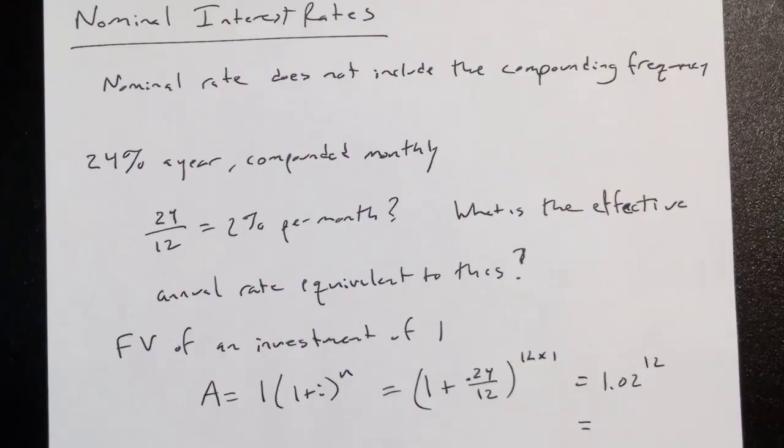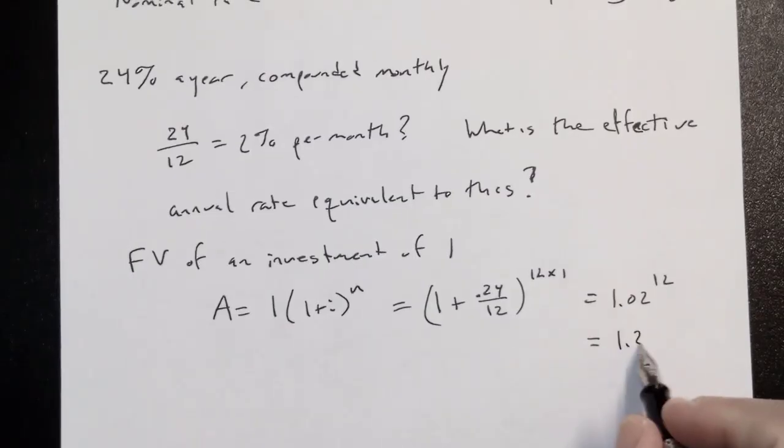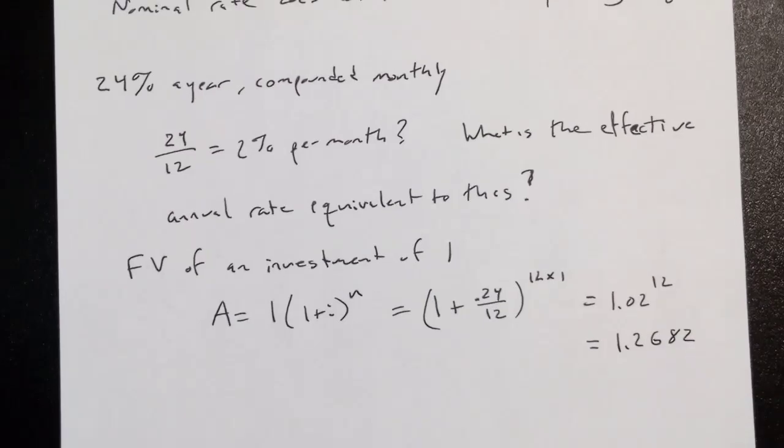Grab your devices, tell me what we get. 1.272. Which means if I subtract 1, that's giving me the interest rate because I took 1. At the end of the year, I have 1 point something, right?